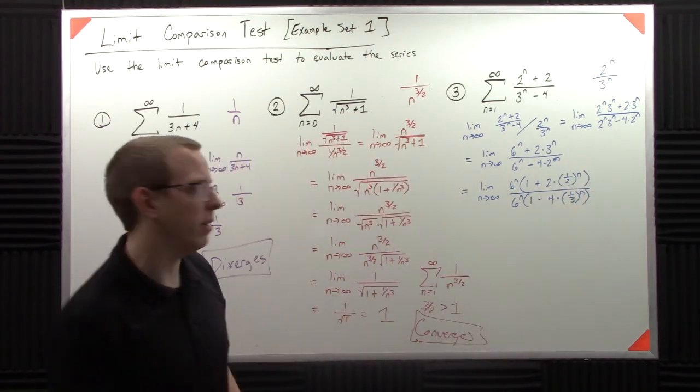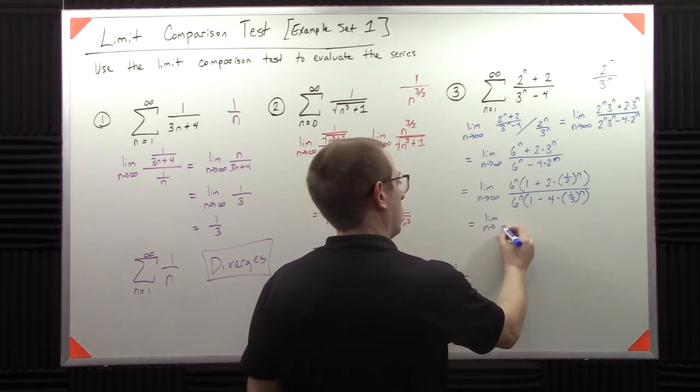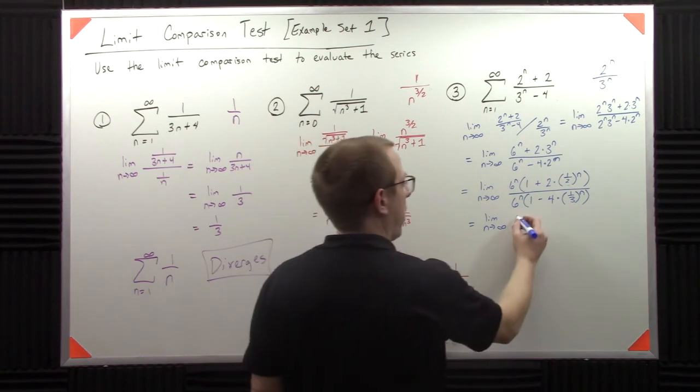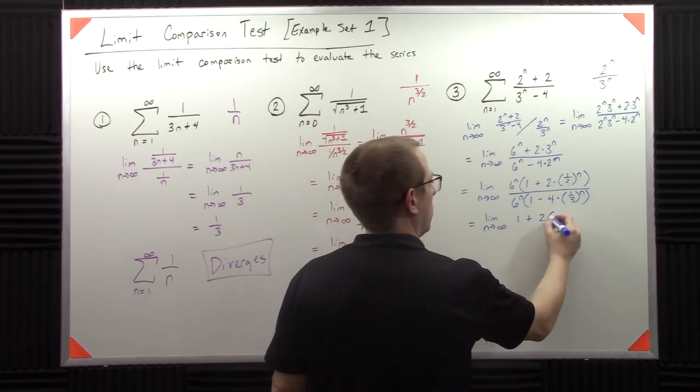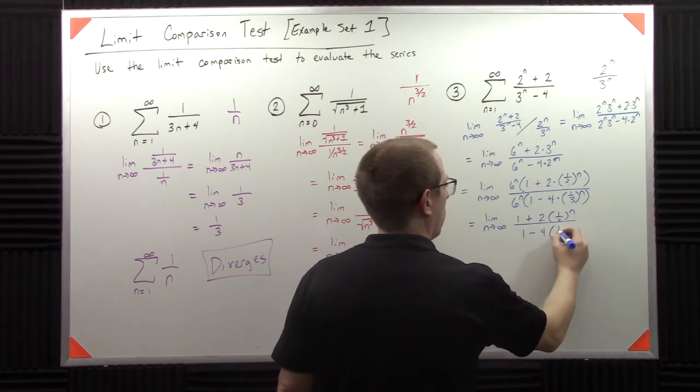Once we've factored out that 6 to the n, those cancel, so I now have 1 plus 2 times 1/2 to the n, over 1 minus 4 times 1/3 to the n.